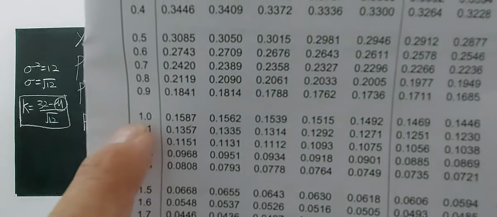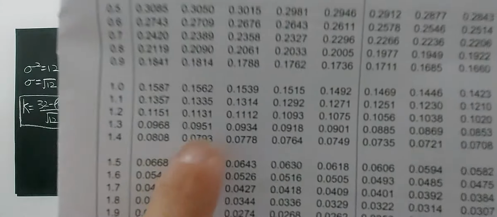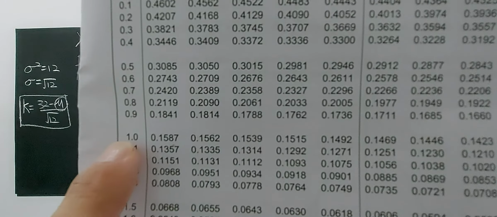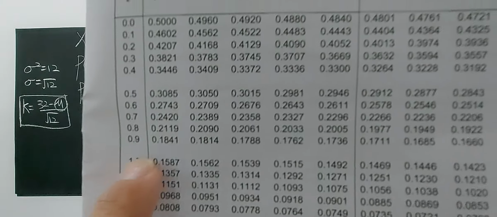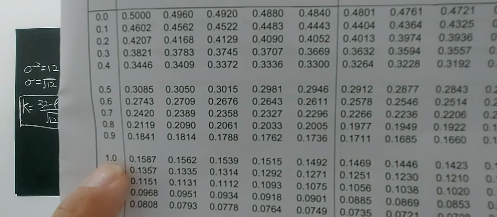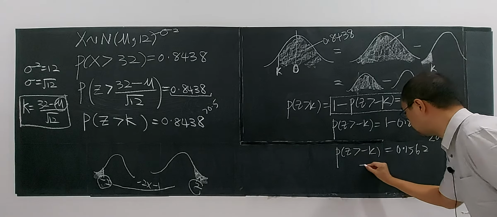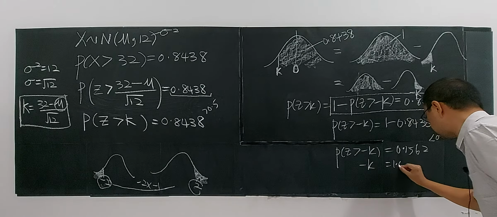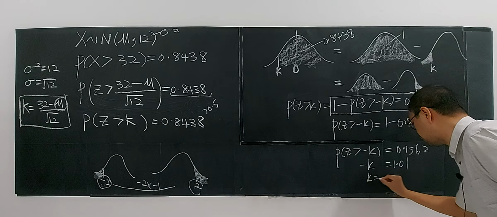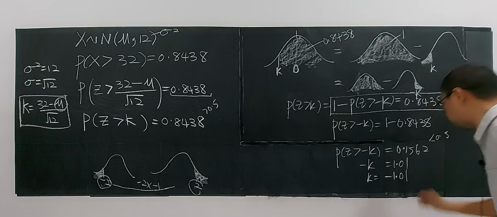It corresponds to the score Z of 1.01. So the negative K here is 1.01 and the value of K will be negative 1.01.